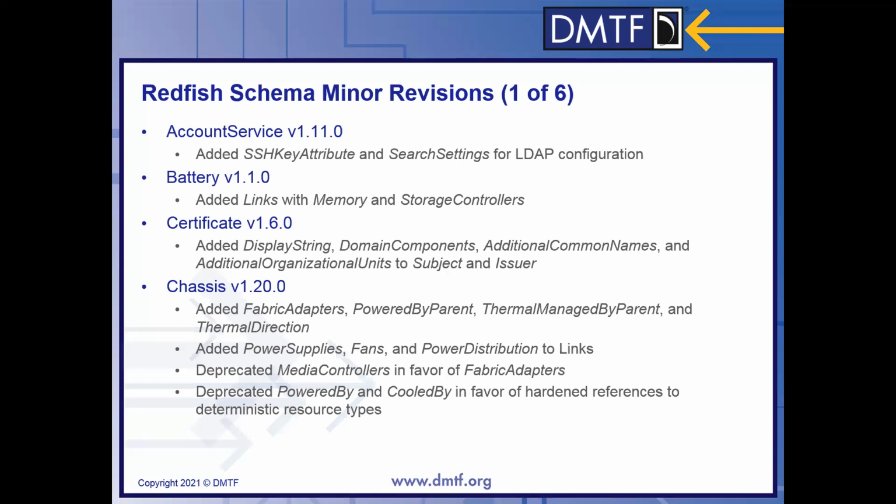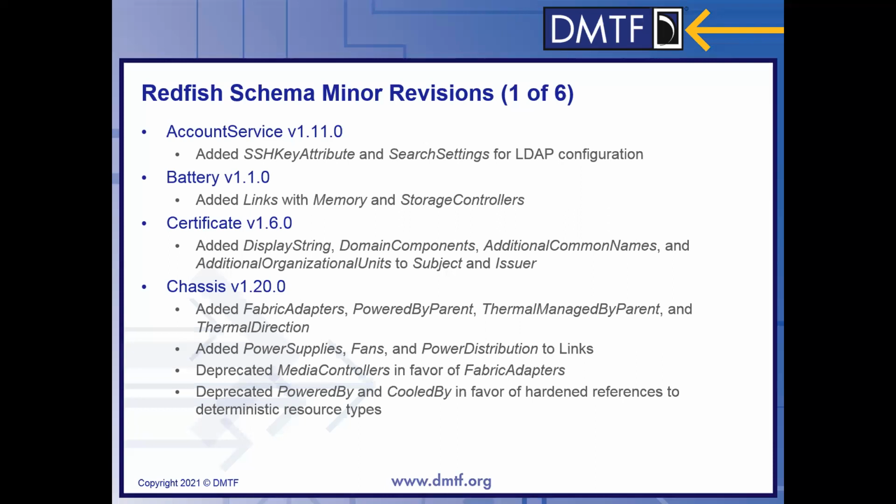In chassis, so this is the other area that got quite a bit of attention this release. There were links added for other pieces that could be contained within a chassis, and as we surveyed the data model, we wanted to make sure that there was a proper linkage between what we'd like to call the functional parts of the model versus the physical parts of the model.